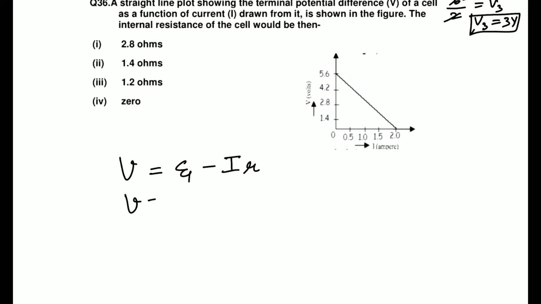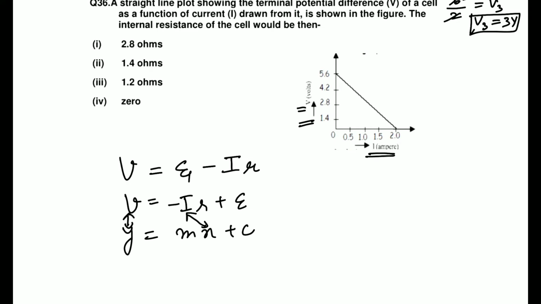Okay, so I can also write this thing as V is equal to minus IR plus epsilon naught, and I can compare this with your straight line equation, right? This is y is equal to mx plus c. Is that a yes or no? So you have to understand, in your y-axis you will have voltage, and you guys can see in your y-axis I have my voltage. Very good. In your x-axis I should have current. So in my x-axis I have current, right?